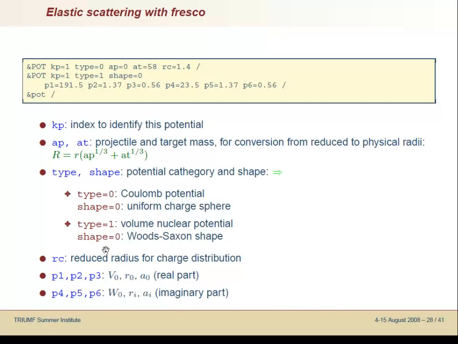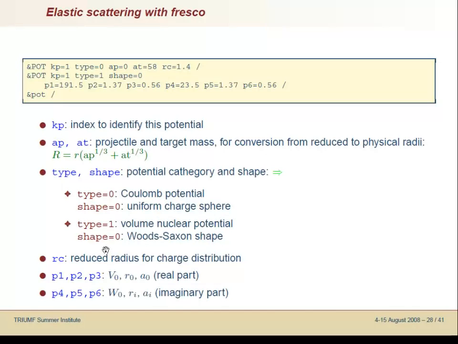So we just use the same label, Kp equal 1, for all components, and Fresco will know that these are just components of the same potential. You can use something very sophisticated, maybe combining volume Woods-Saxon with surface, plus a spin orbit of the projectile, plus a spin orbit of the target, plus tensor, and so on. But in our case, this is not the case.